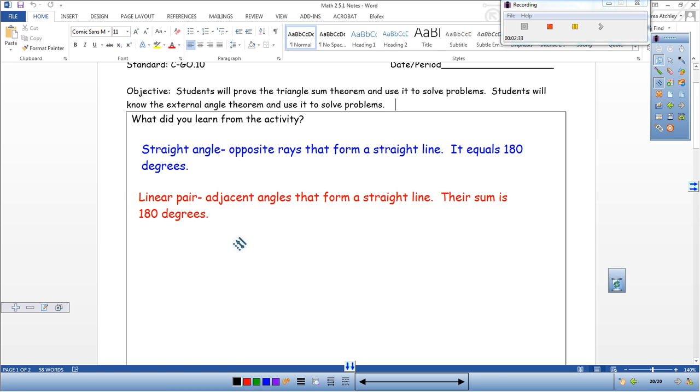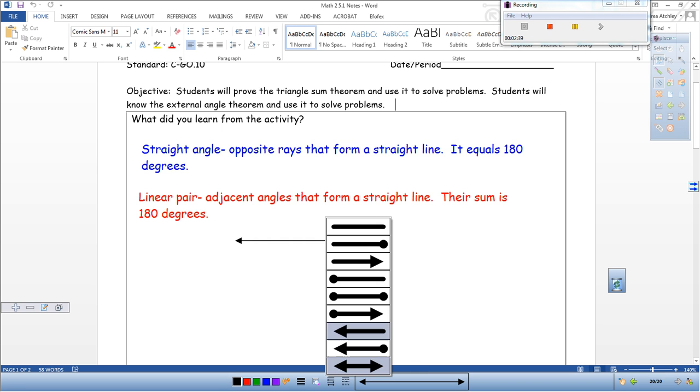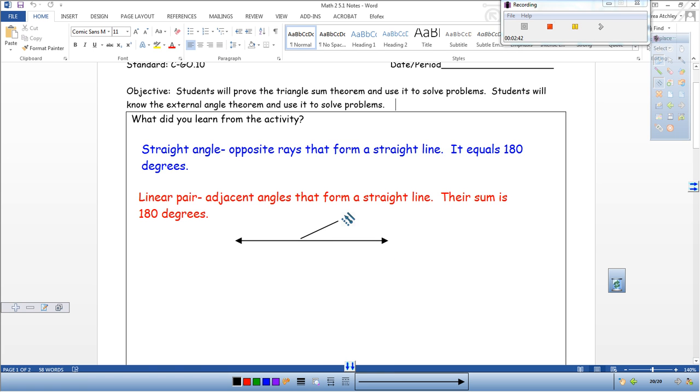And they kind of look like this. So angle 1 and angle 2 are a linear pair. Any questions over that?